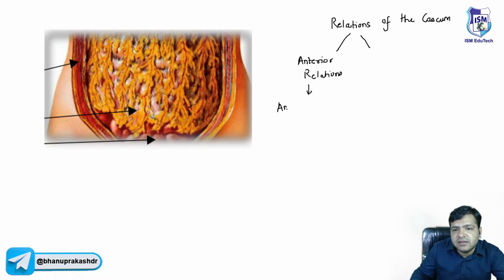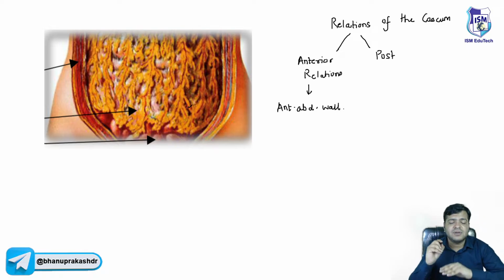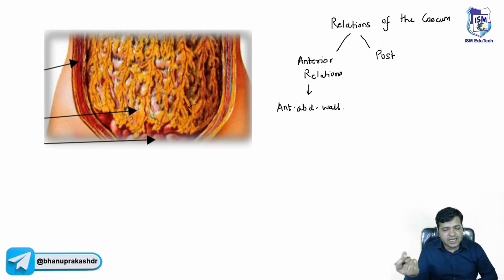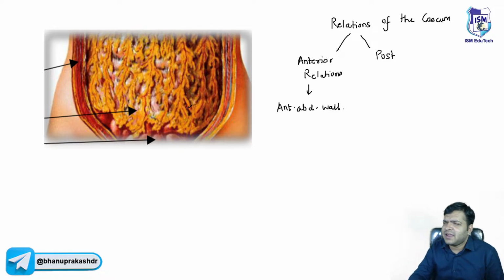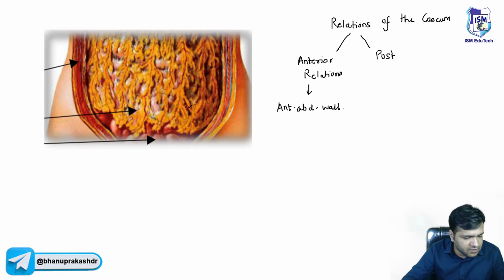We have the anterior abdominal wall, and also the lower part of the greater omentum. We can see some coils of small intestine as well. As of now, just remember we have the anterior abdominal wall.